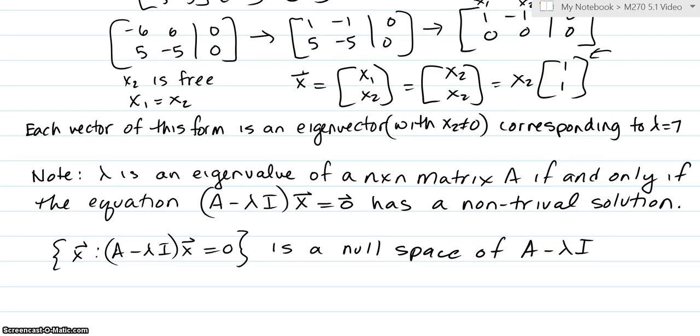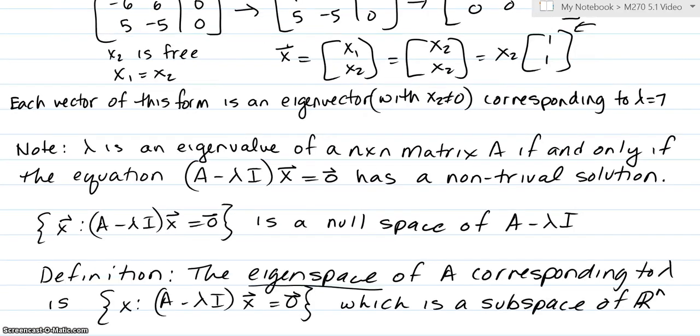And they call this the eigenspace. So the definition of an eigenspace of a matrix A corresponding to lambda, our eigenvalue, is this set, which by the way is a subspace, as we said earlier, of Rn.